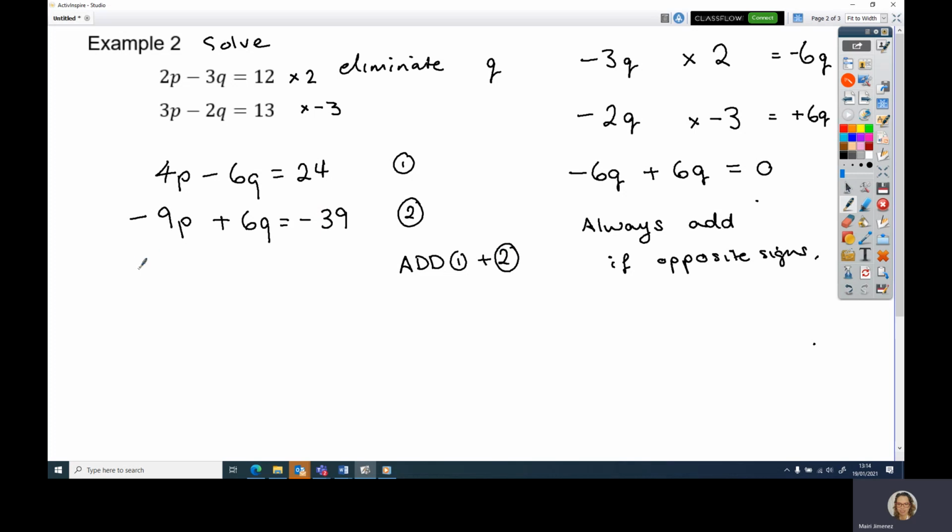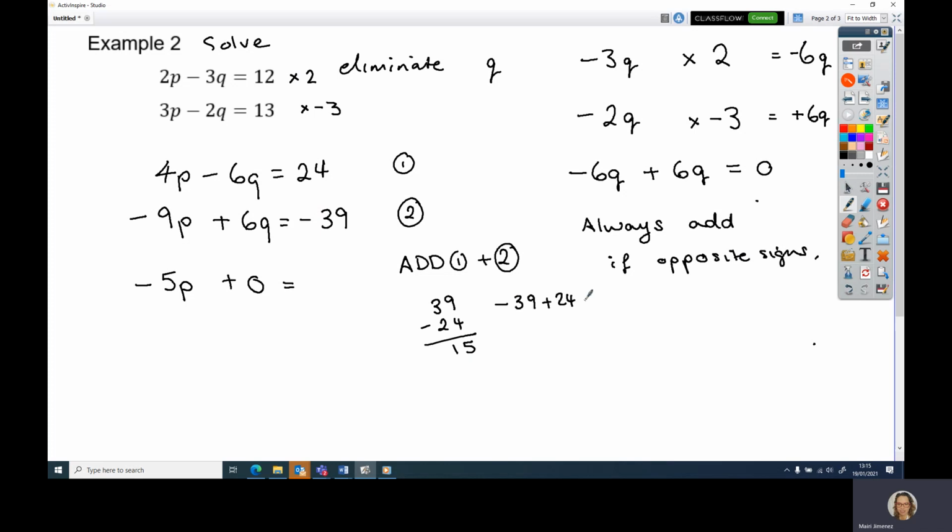So 4P, add -9P is -5P. Add up -6Q, add 6Q, that's a big 0. And then over here, I would work out 39 subtract 24, which is 15. But what we're doing is the opposite way around, -39, add 24.